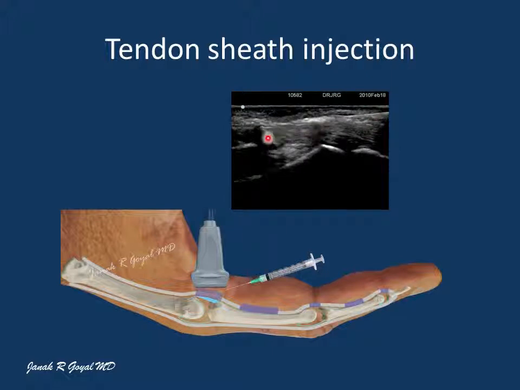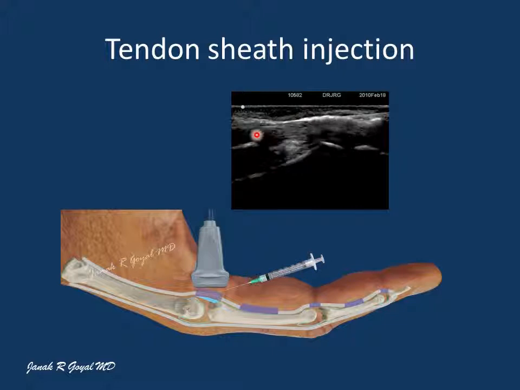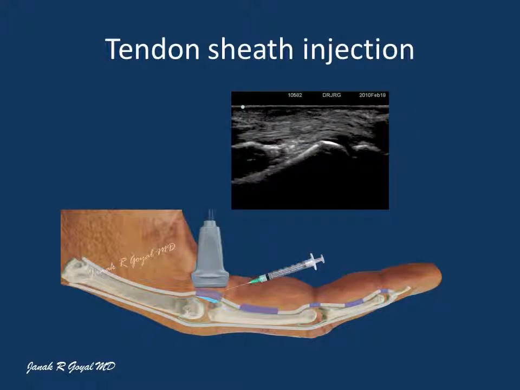Here you see the flexor tendon, and here is your A1 pulley, and the needle being inserted just deep to the A1 pulley, and the injection volume will be seen spreading all across the tendon, confirming that an accurate injection has been done.